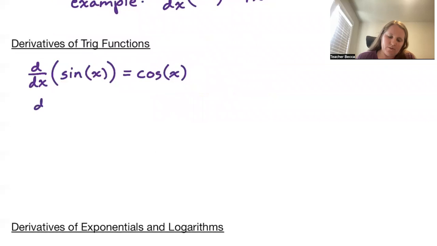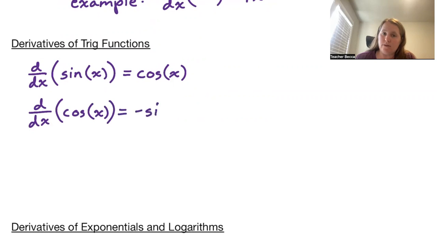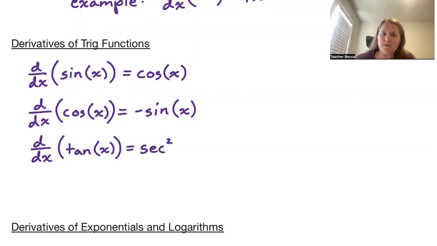The derivative of cosine of x is negative sine of x. Derivative of tangent of x is a positive secant squared x.